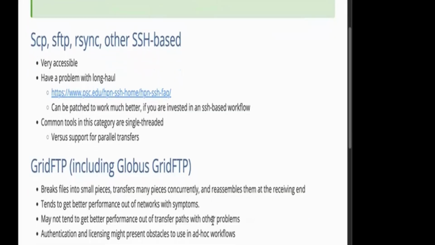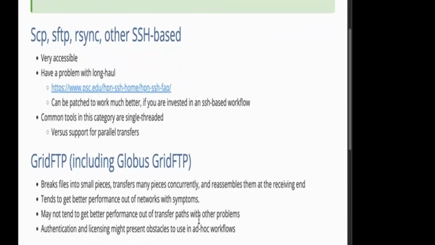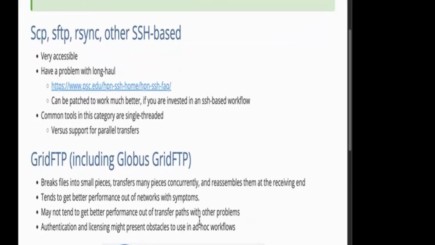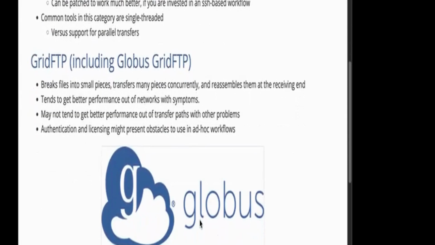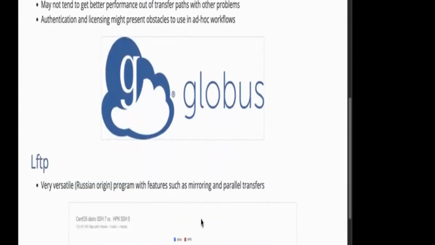So if you're having trouble with SCP or SFTP, you might want to use grid FTP, and one convenient way to do that is to use Globus. Depending on many factors, you may or may not get better performance out of grid FTP, but there are other aspects of what makes Globus a worthwhile thing.